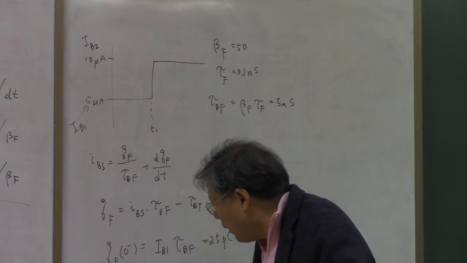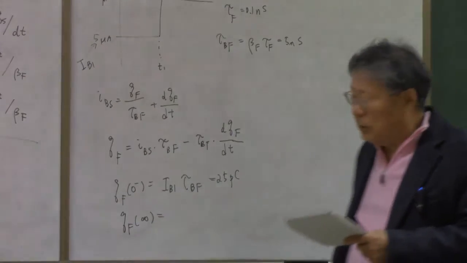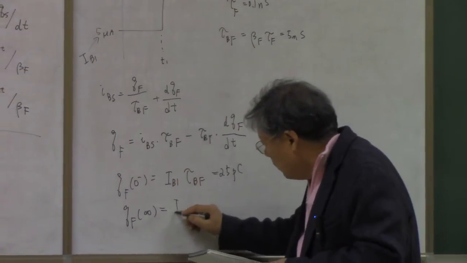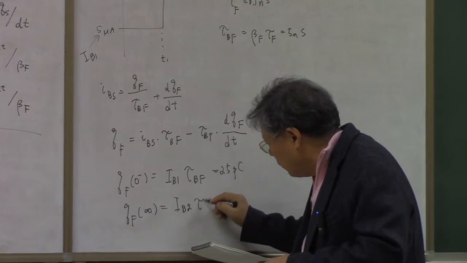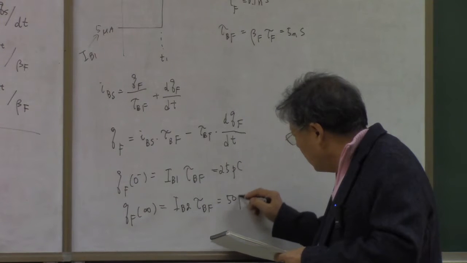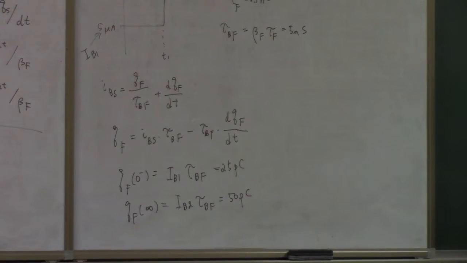And then QF infinity, after you change to 10 microamps, the equation is going to be something like this, so that you end up with a charge of 50 picocoulombs.